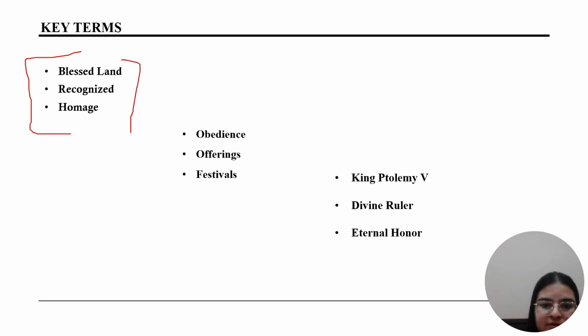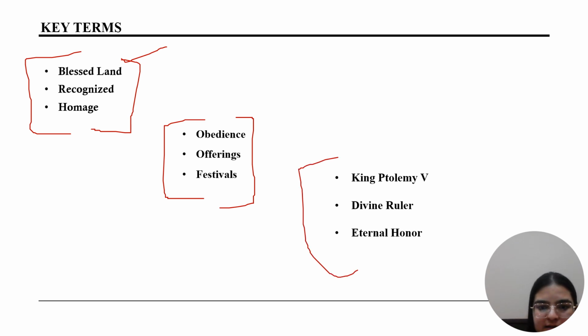Here I would like to compare those three sections. Here are the words used in the top section, this is for the second, middle section, and here is for the last one, the bottom section. Blessed land is for Egypt, and recognized is to respect or honor them, and homage is used for the God.